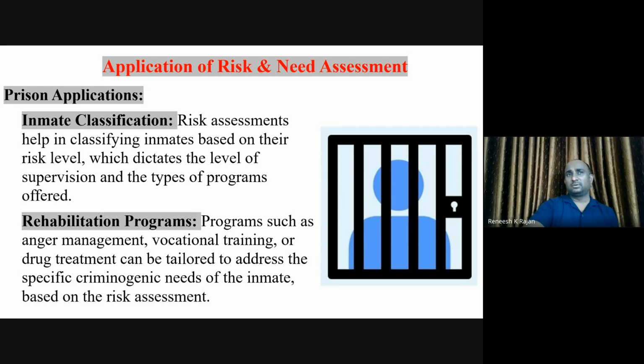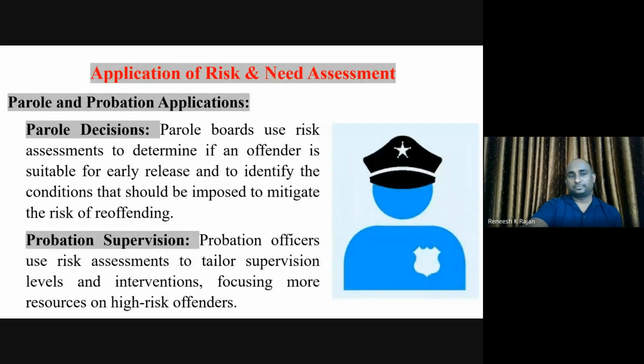Right now, what we are doing is common programs for all. But what we are suggesting as per this RNR principle is identifying why they are committing crime and treating that specific need or problem, not a general program given to everyone. So it can be a tailored program to address their specific criminogenic needs.